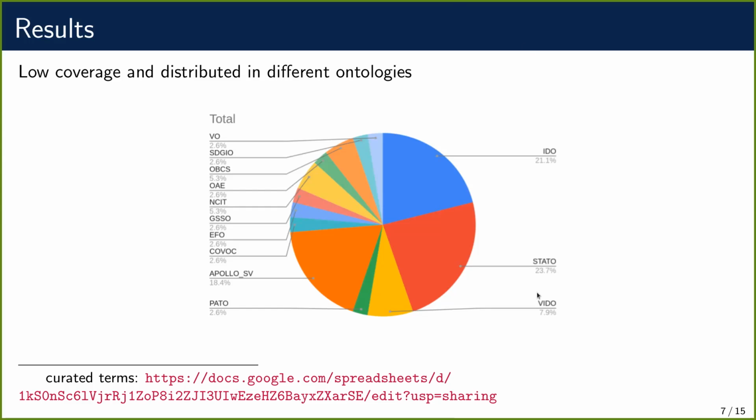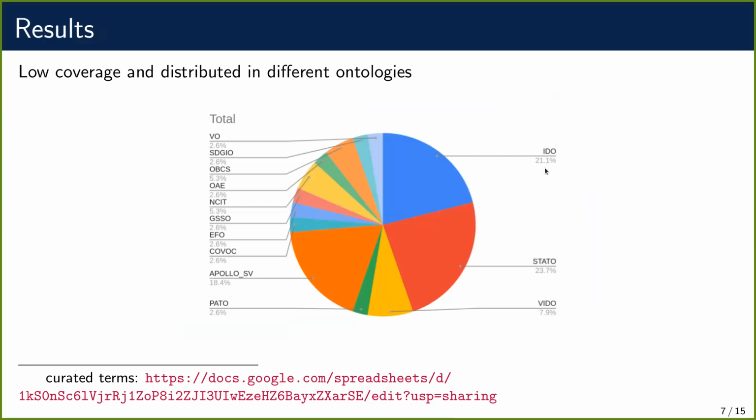And as you can see in this pie diagram, not only do we have low coverage, but it is also highly distributed across different ontologies, mainly three: in STATO, here in red, the statistical analysis ontology; here in orange, Apollo, also with high coverage, an ontology for epidemic modeling, which makes sense; and in IDO, the infectious disease ontology, the core ontology for COVID-19 IDO.